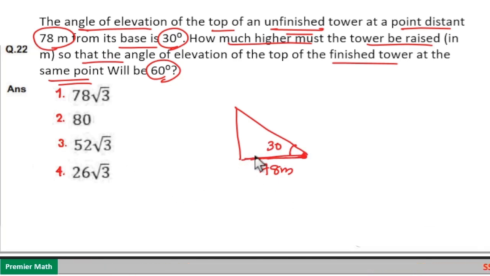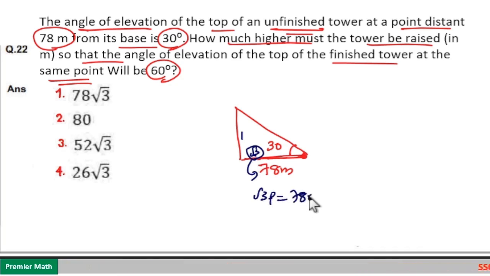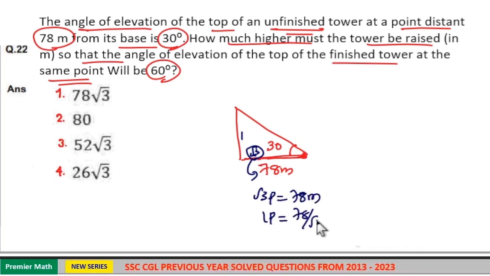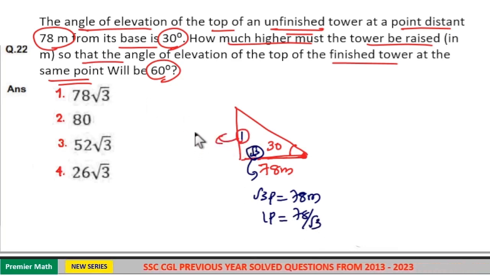Then you can see tan 30 is equal to 1 by root 3, which means root 3 part is equal to 78 meter. If root 3 part is 78 meter, then 1 part is equal to 78 by root 3. So height of this unfinished tower is equal to 78 by root 3.